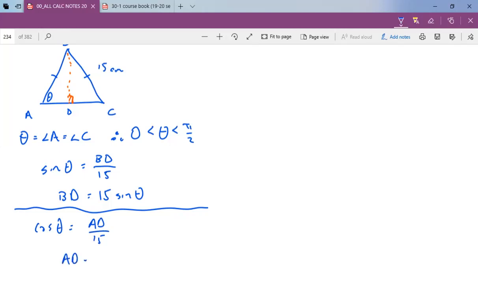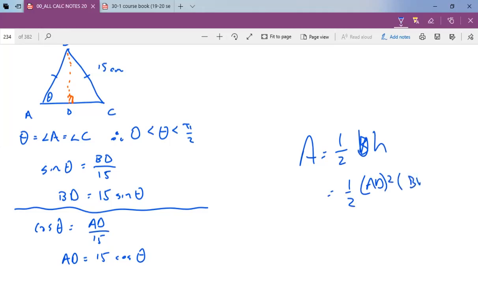And therefore, AD is equal to 15 cosine theta. The reason we're working with AD and BD is because of our formula for area, half times base times height. The base is going to be 2 times AD, and the height is going to be BD. So those are the pieces we need to identify and work with here.